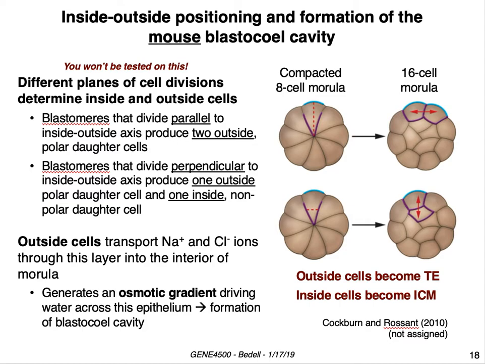Okay. So we're continuing to have outside cells becoming more trophectoderm, inside cells becoming more cells of the ICM. Now this is where we start getting the formation of the blastocoel cavity. Once this takes place, it's only the outside cells that are exposed to the exterior.